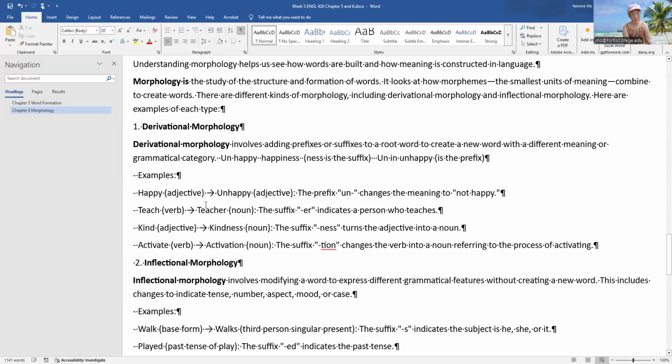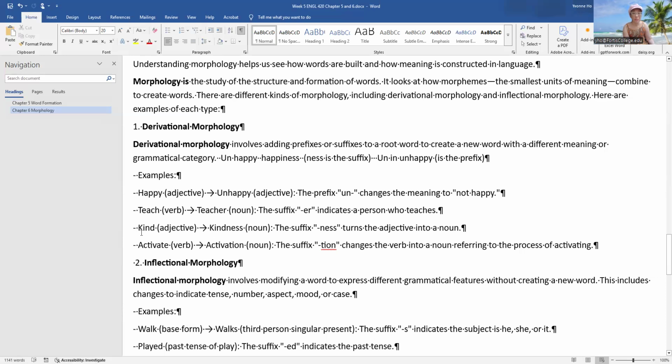The root word is happy. You add un, and it changes happy to mean not happy. Teach is the root word, and you can add a suffix to make teacher, where er is the suffix, which indicates a person who teaches.